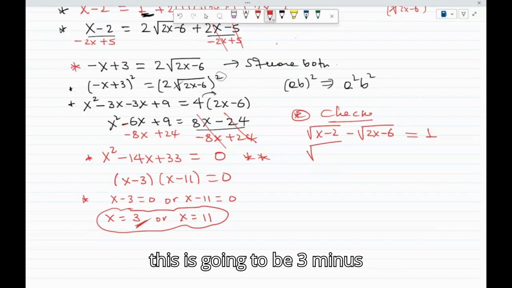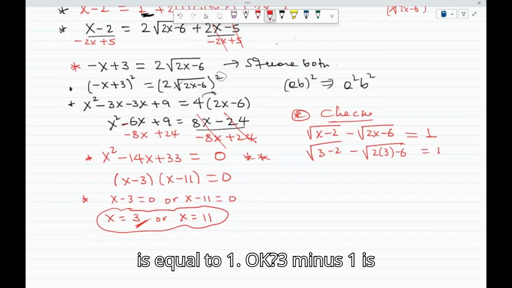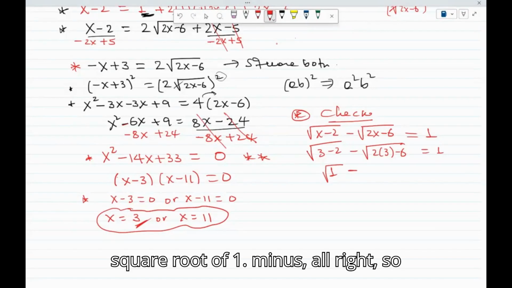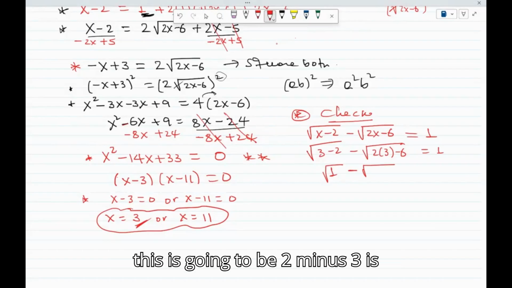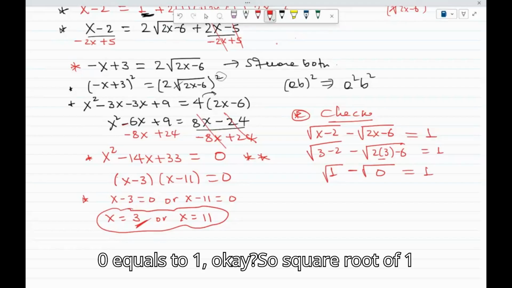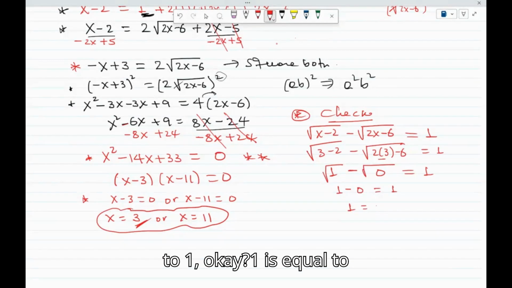So this is the square root of 3 minus 2, minus the square root of 2 times 3 minus 6, equals 1. 3 minus 2 is 1, so the square root of 1. Then 2 times 3 is 6, 6 minus 6 is 0. So the square root of 1 is 1, minus the square root of 0, which is 0, equals 1. 1 is equal to 1.